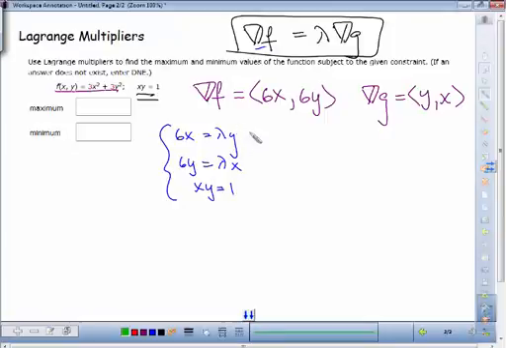if we solve for lambda up here, lambda is equal to 6x over y. Now, if I divide by y, I have to make sure that it's not equal to 0. So I'm going to make a special note of that, that might be a special case.